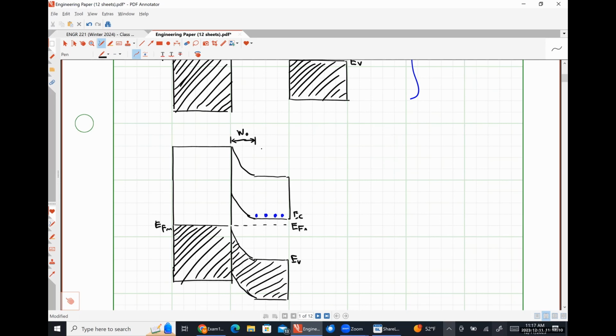This height, so how much our vacuum level bent, is the difference between our metal's work function and our semiconductor's work function. And this is going to be equal to Q times V naught, the built-in voltage of this junction.